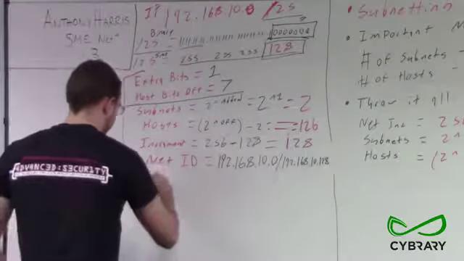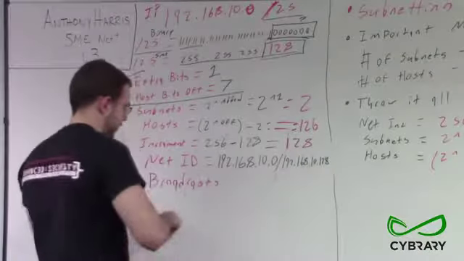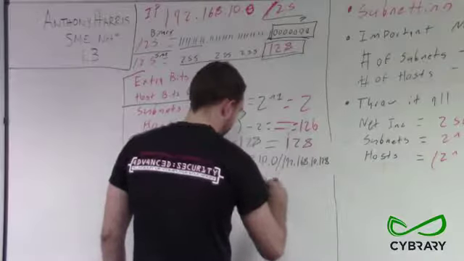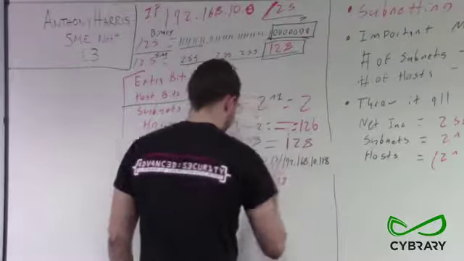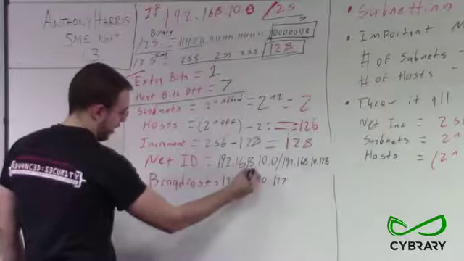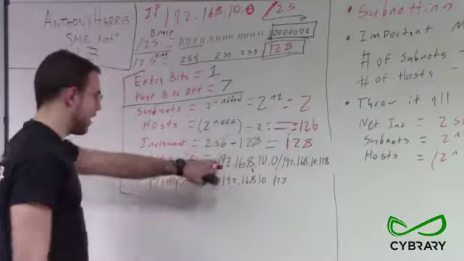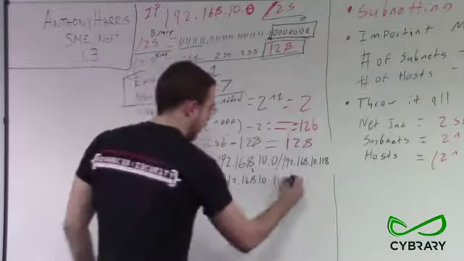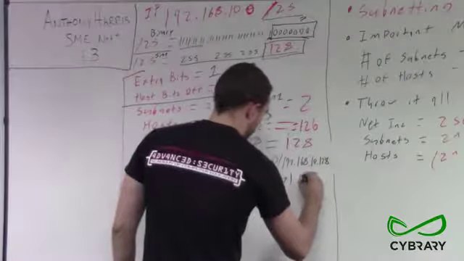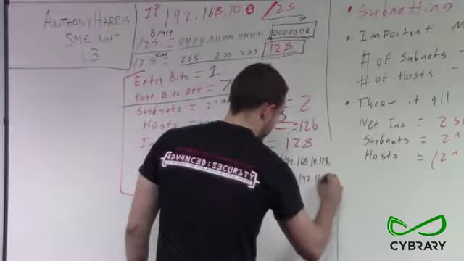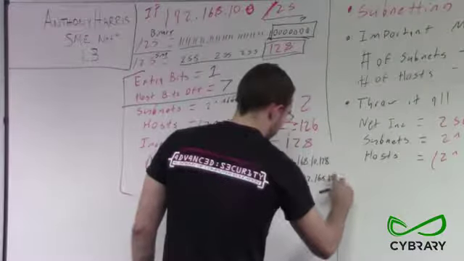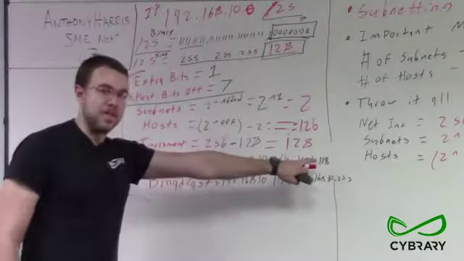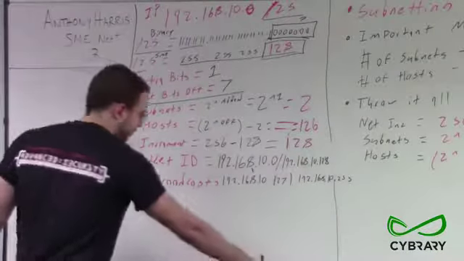Our broadcast addresses will be 192.168.10.127 for this address range. So our first subnet will be 0 through 127, but we can't use those, remember? And then we have 192.168.10.255 for our second subnet's broadcast ID.